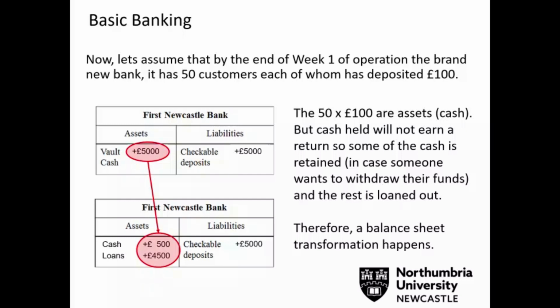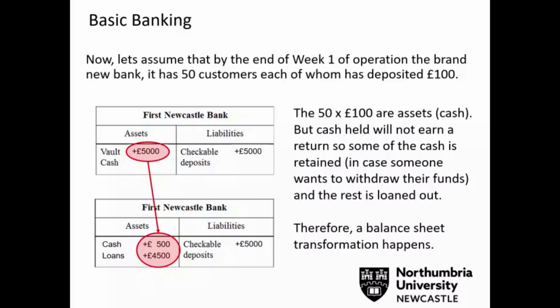How did it transform its asset from being cash in the vault to financial cash reserves and loans? And it's all about the deposit retention ratio. How much money does the bank need to keep as cash reserves in case customers potentially take out their deposit? Because as we know, it is a liability.